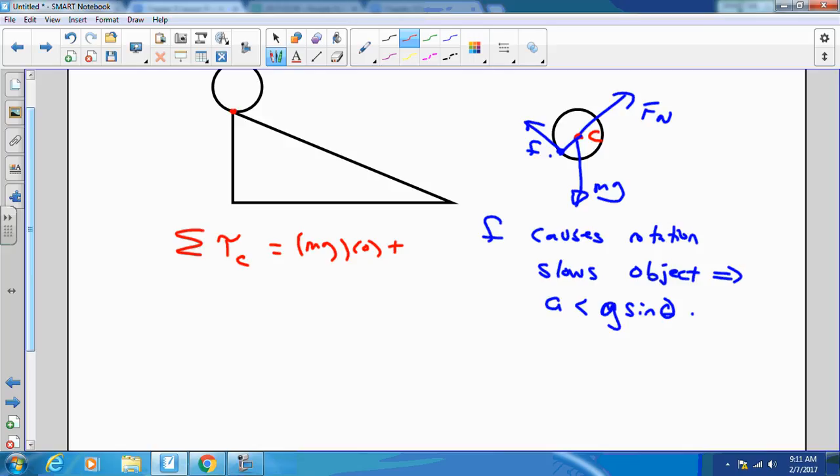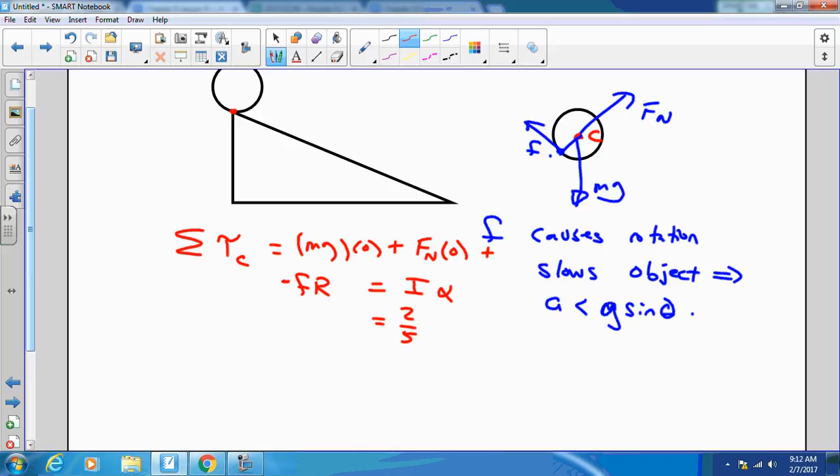One of those forces is the normal force, but it is also pulling on a line through the center, and so its moment arm distance is 0. And the third and final force is going to be the frictional force, and its moment arm distance is going to be r, and it is going to be acting in a clockwise manner here, so we're going to give that a negative sign.